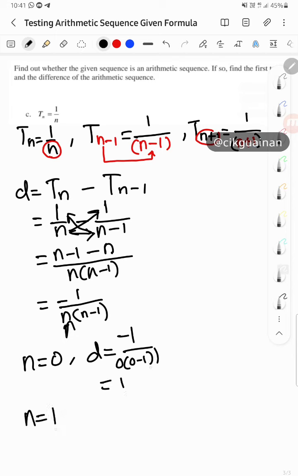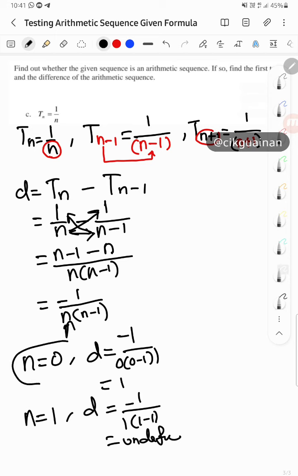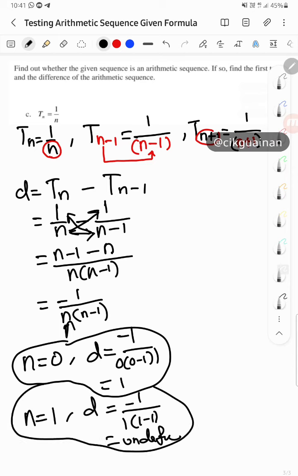When n equals 1, d is minus 1 over 1 times 0, which is undefined, because 1 over 0 is undefined. But my point is, different n will give different d. So we don't want this.